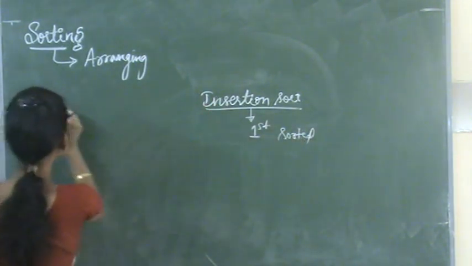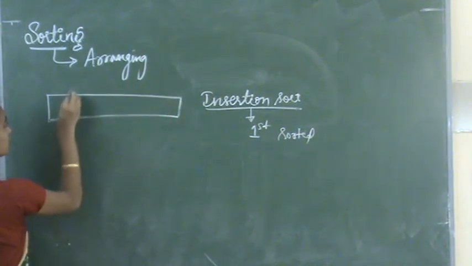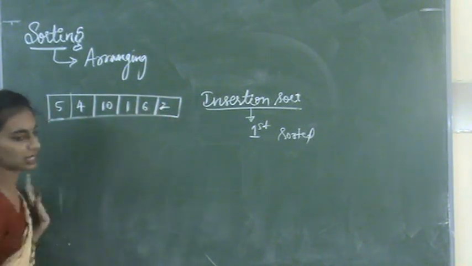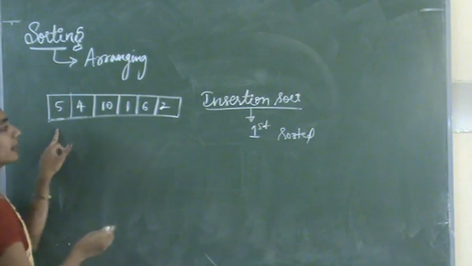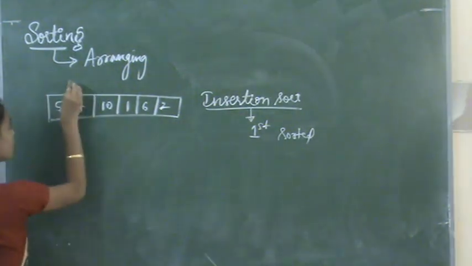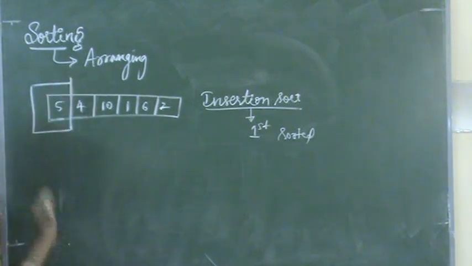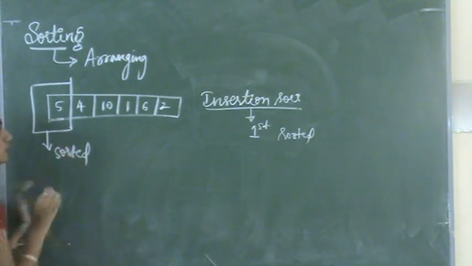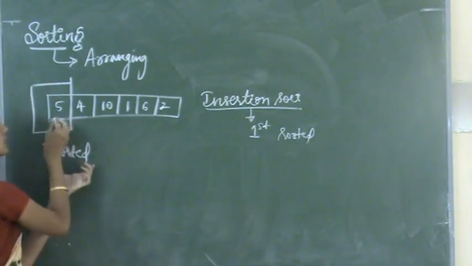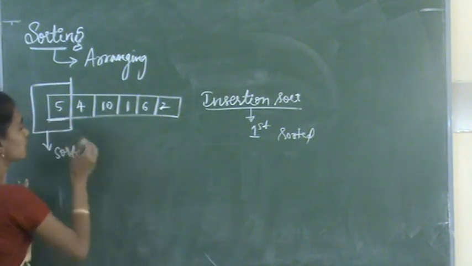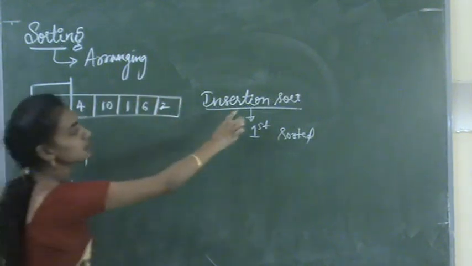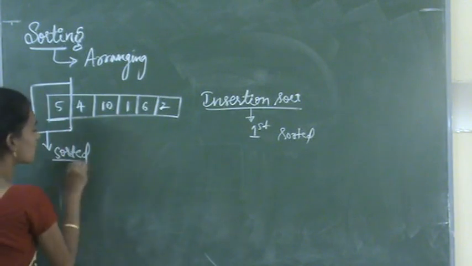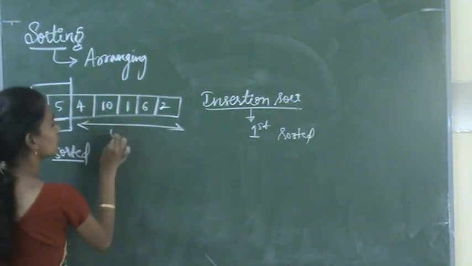Suppose consider this as an array. In insertion sort, the first element in the array is considered as sorted. After this, the algorithm divides the array into two lists: one is the sorted list, another is the unsorted list.